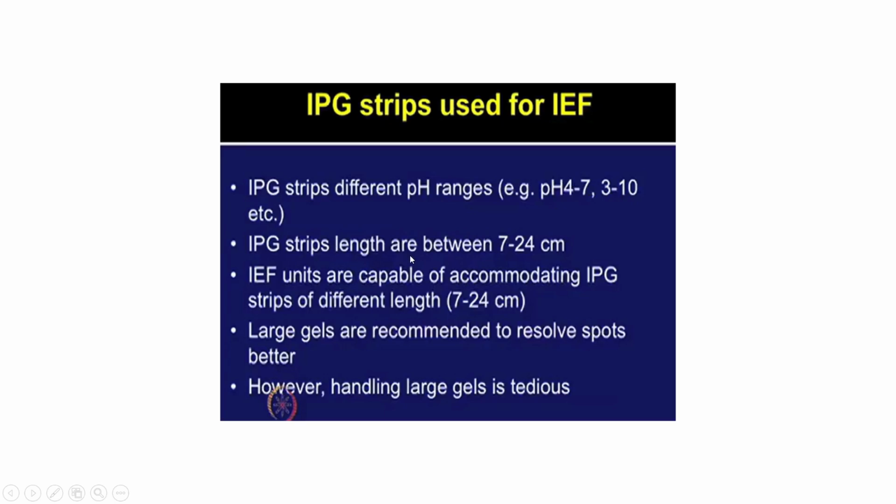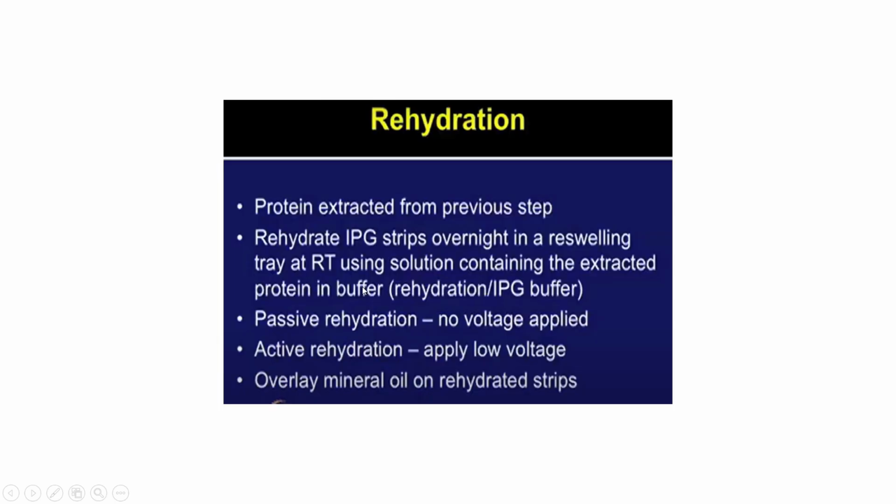And there are different lengths available, smaller as well as bigger sizes, from 7 centimeters to 24 centimeters. There are different IEF units as well, in which these strips can be accommodated, and larger gels are recommended. Why? Because generally you will be doing two-dimensional, right?